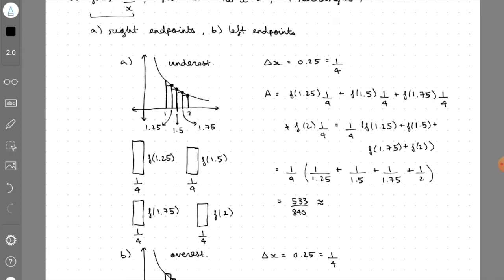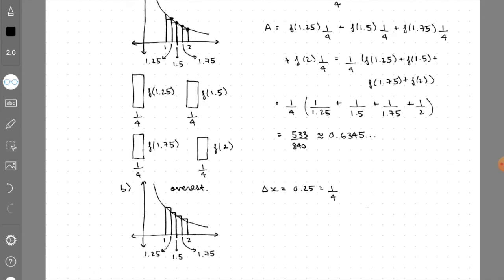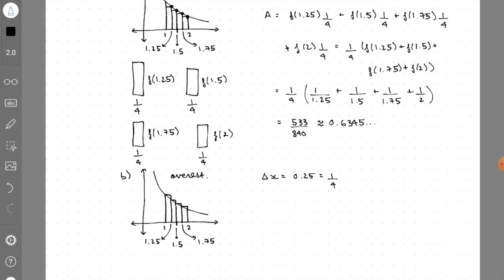And let's calculate this as a decimal so that we can see what's going on. This is going to be 0.6345, more or less. Okay, so this is the answer for part A. Fractions are always better, but if you put it in a decimal, that's fine too.